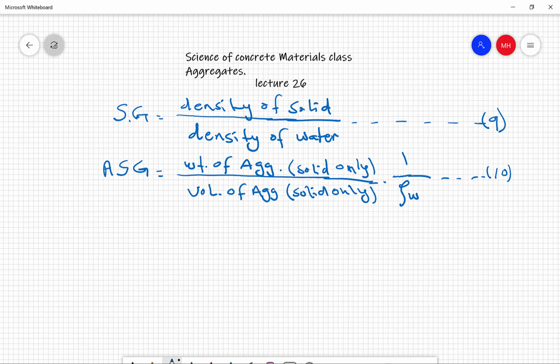And also the other quantity, which is the bulk specific gravity, which includes the volume of the pores in the aggregate volume.